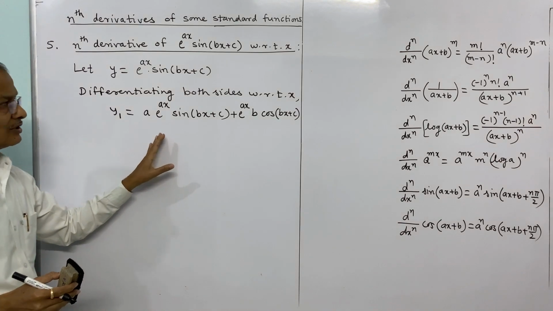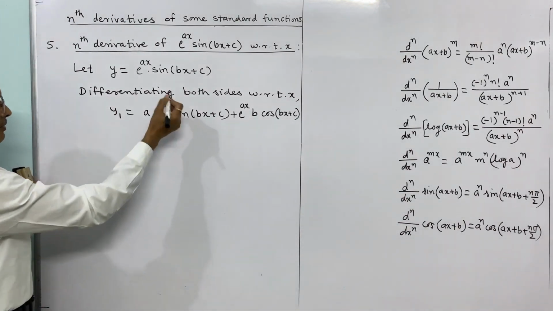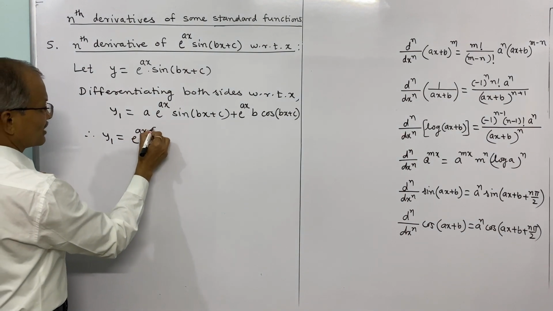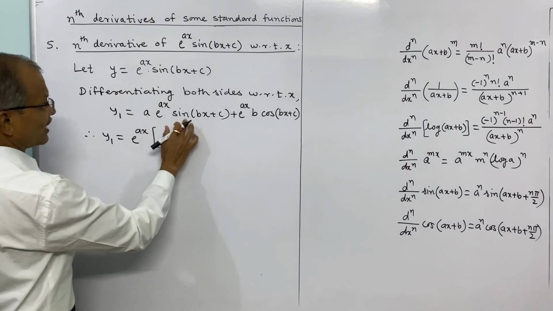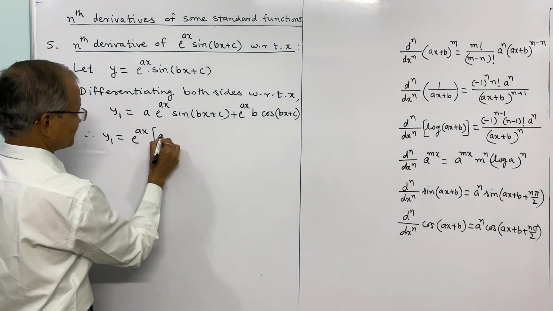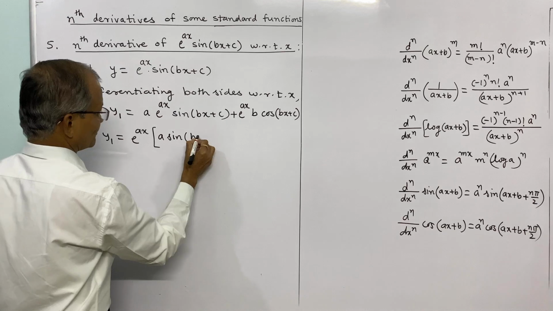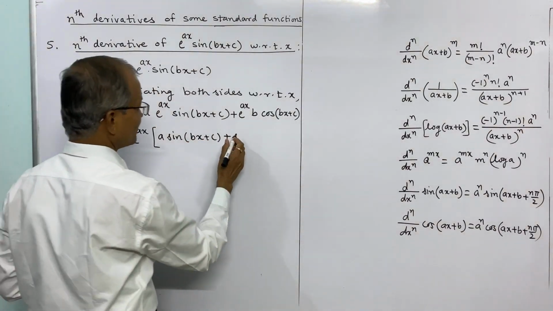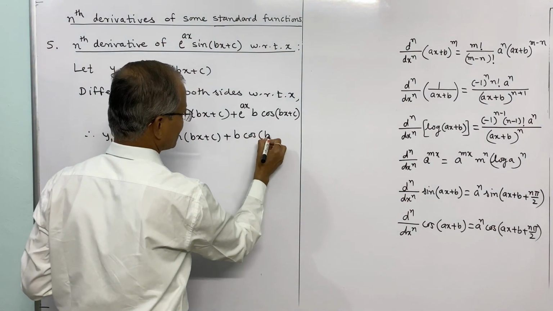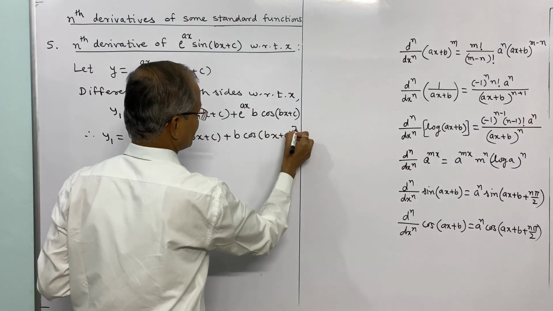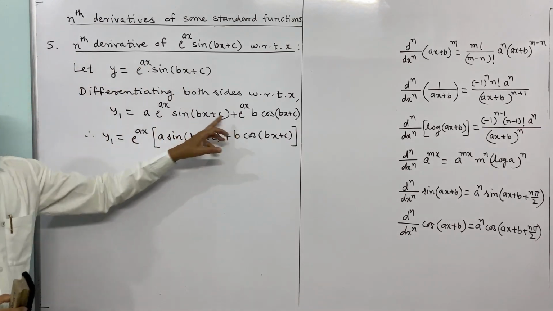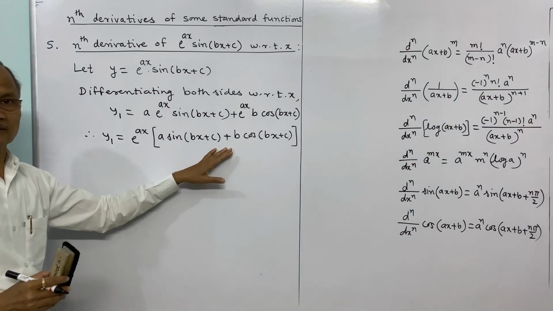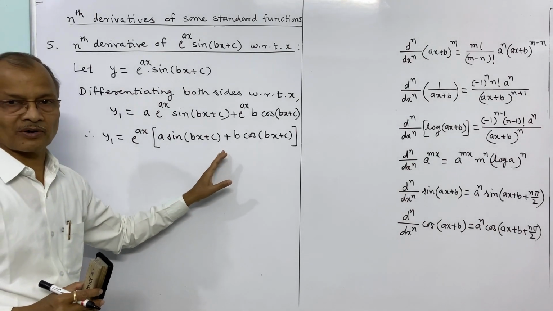But further, we can take e to the power ax common. That is, y1 is equal to e to the power ax into the bracket a sine (bx plus c) plus b cos (bx plus c). This is taken common, and now we want to express this bracket in terms of the trigonometric formula of sine.